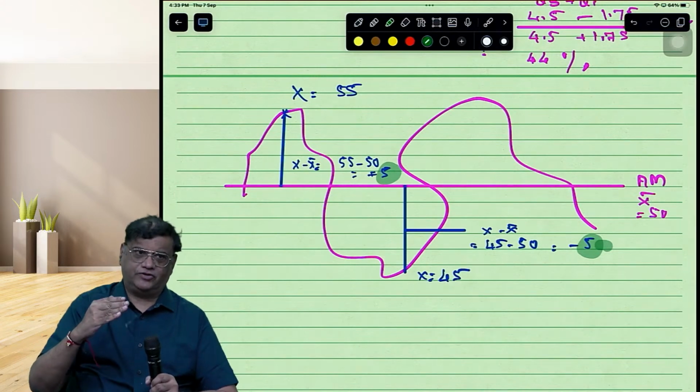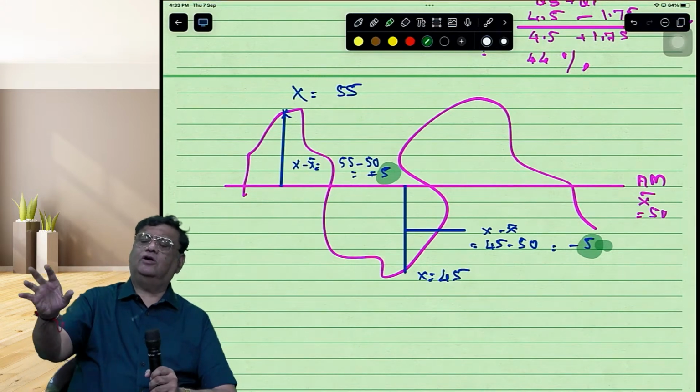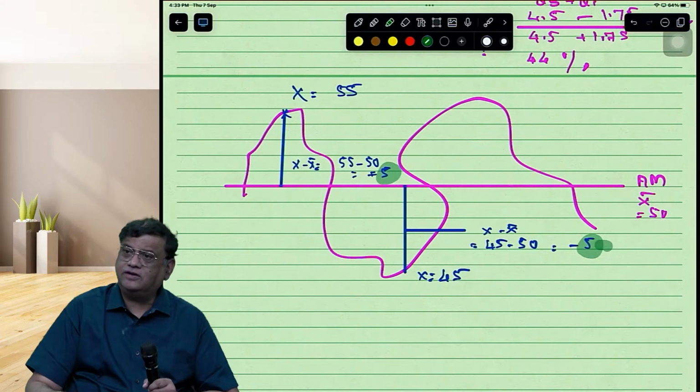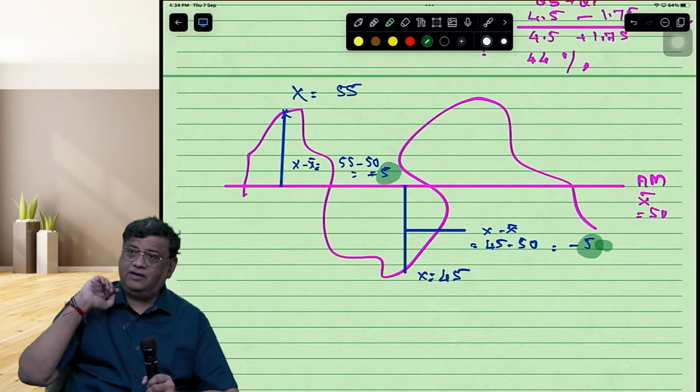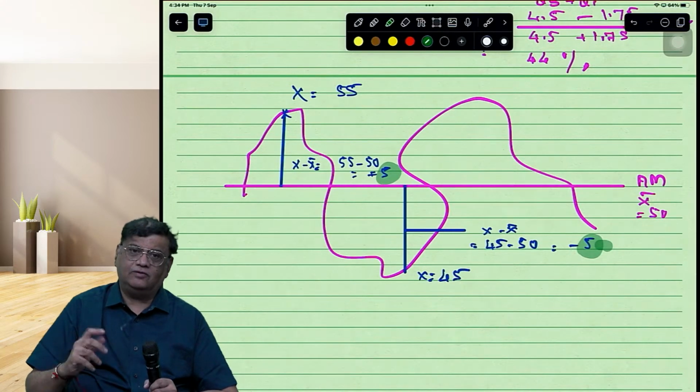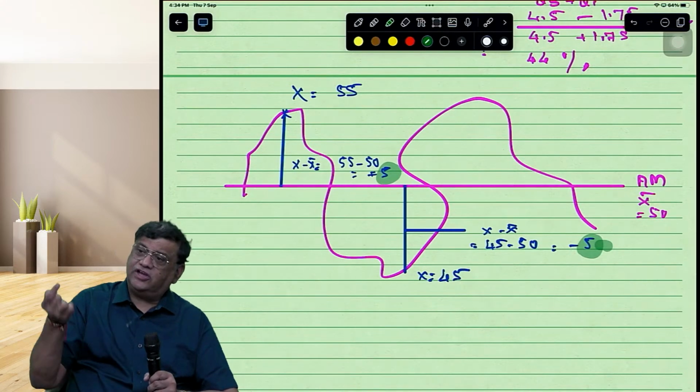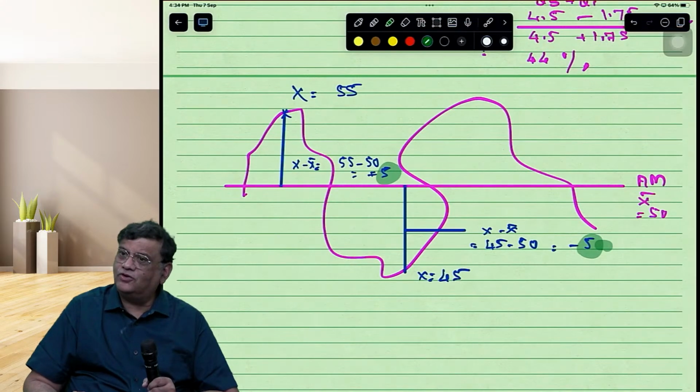अभी देखो, ब्लड प्रेशर, नॉर्मल लेवल ऑफ ब्लड प्रेशर इज सपोज 120. अगर 120 के ऊपर जाएंगे तो भी वो हार्मफुल होता है, नीचे आएंगे तो भी हार्मफुल होता है.